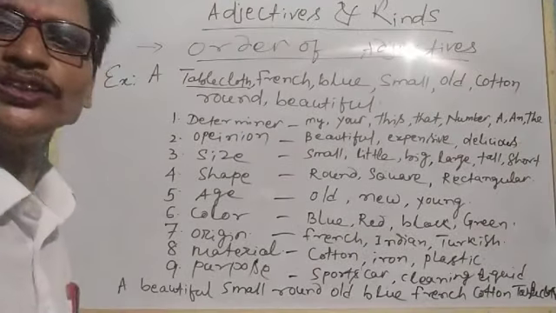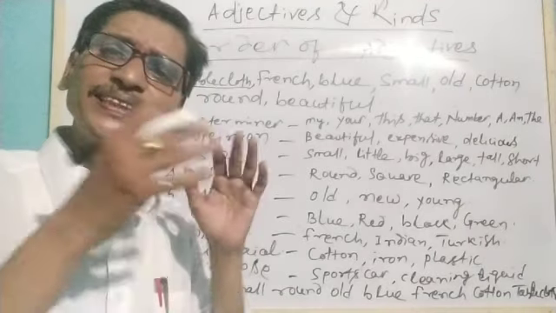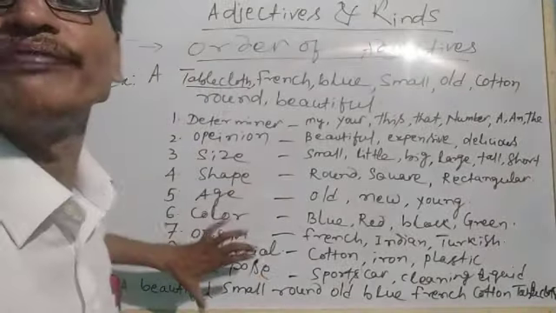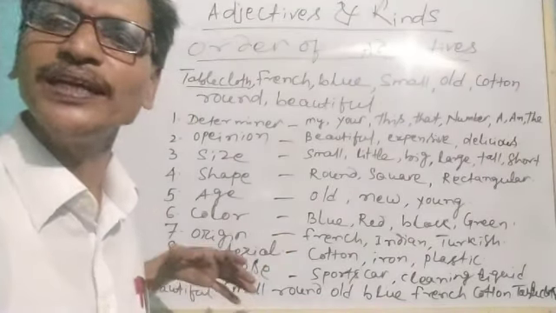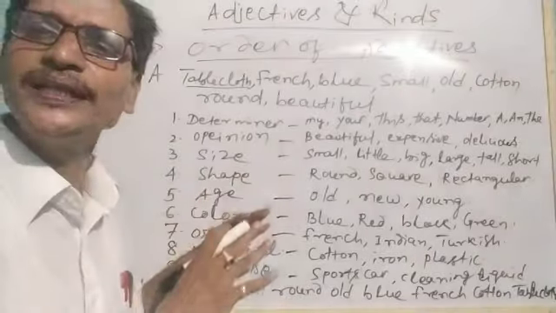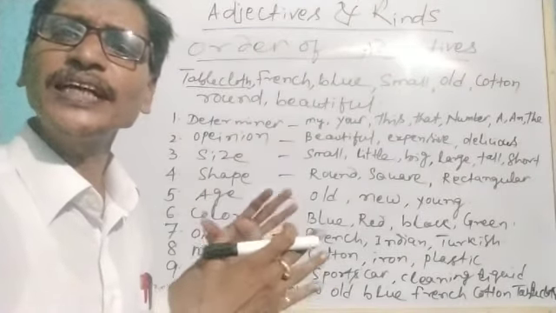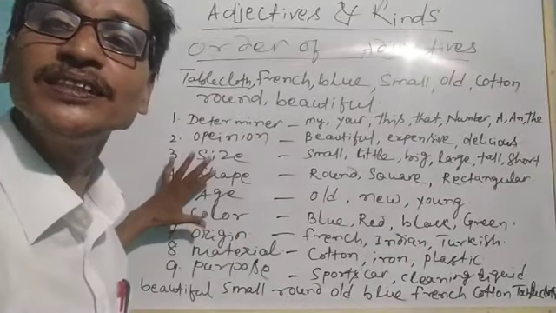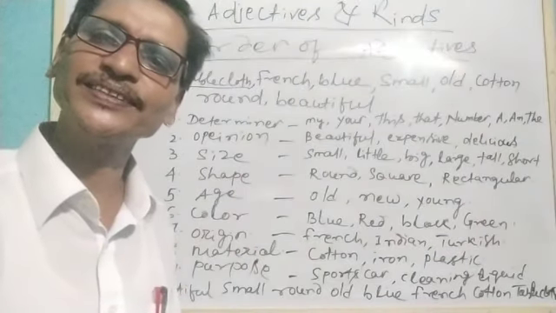Today we understood different other types of adjectives, and besides that also the order of adjectives in our statement. In the previous class we discussed what adjectives are and their kinds, as well as the order of adjectives.